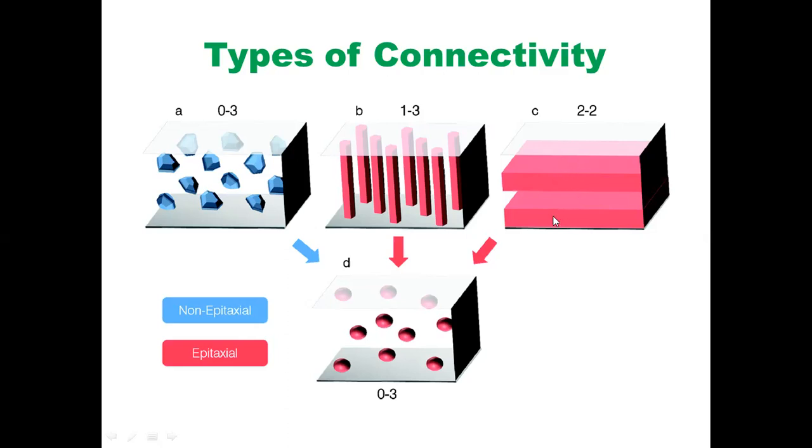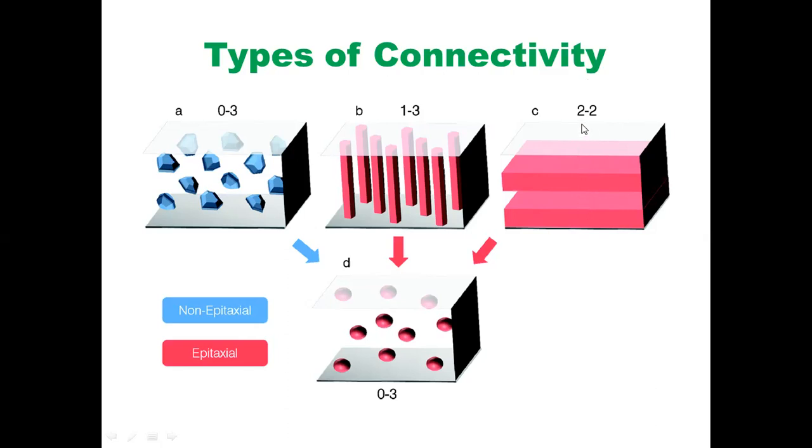Let us say it can be the layer of ferroelectric material, and this will be the layer of ferromagnetic material, or vice versa. That means it can be the layer of ferromagnetic material, and this can be the layer of ferroelectric material. So these two layers are kept one over the other.